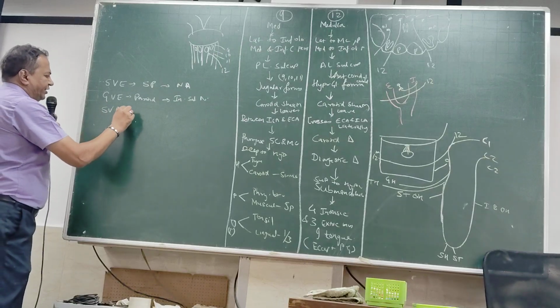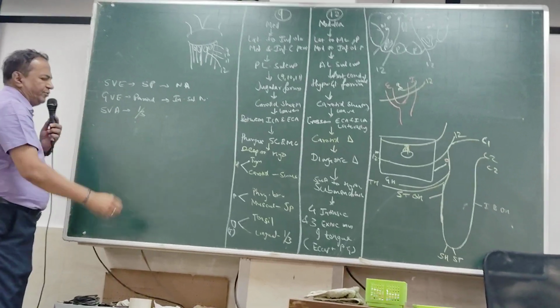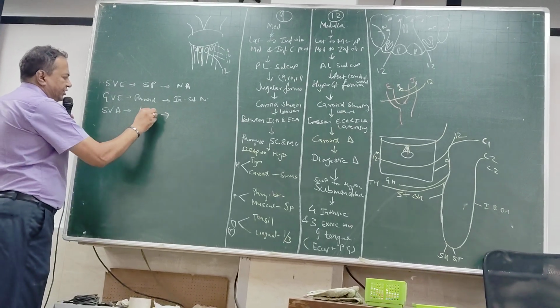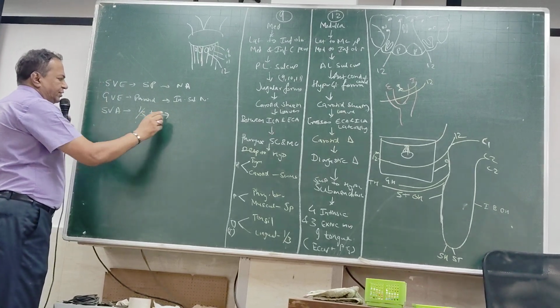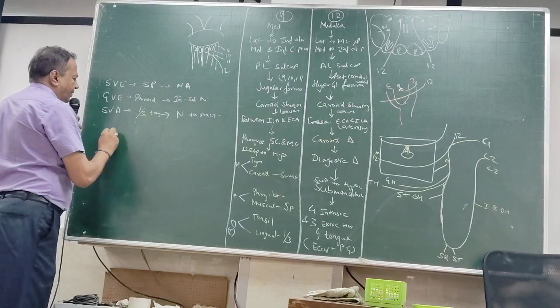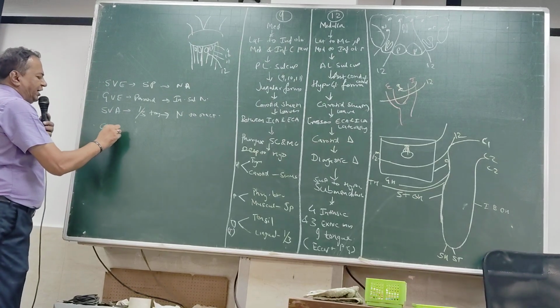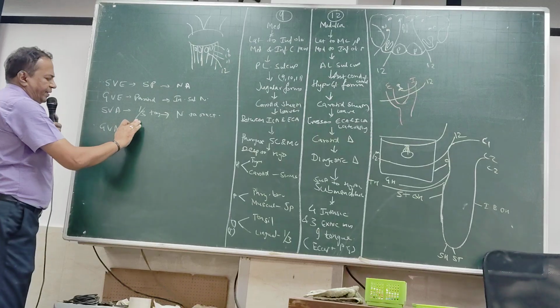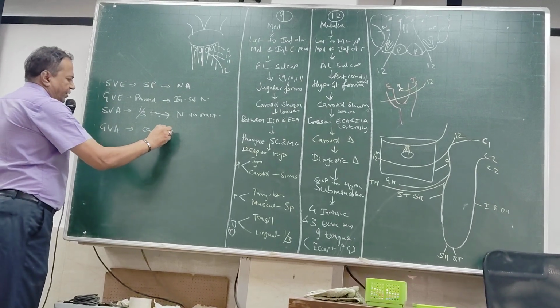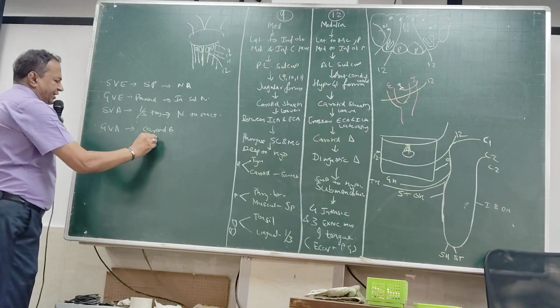Special visceral afferent is for taste of posterior 1/3 of tongue. This comes from the nucleus of tractus solitarius. And general visceral afferent, it is from the carotid body. Okay? Carotid sinus.